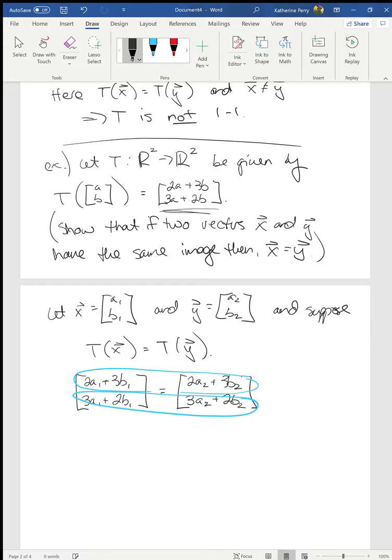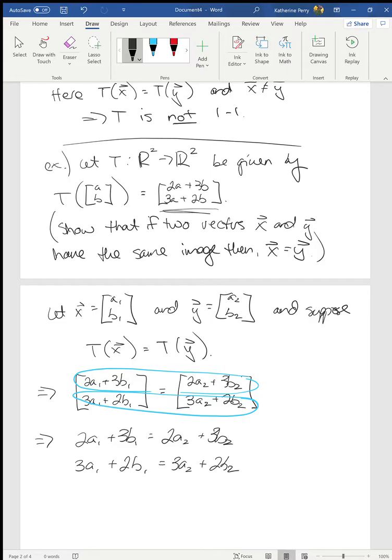So that implies the following system of equations: 2a1 plus 3b1 equals 2a2 plus 3b2, and 3a1 plus 2b1 equals 3a2 plus 2b2.